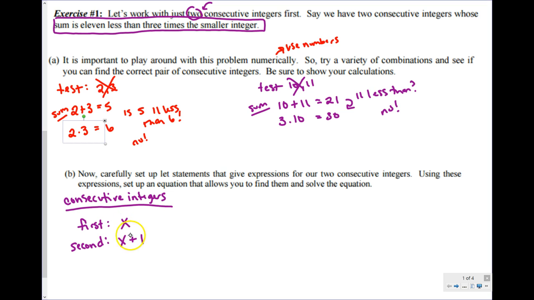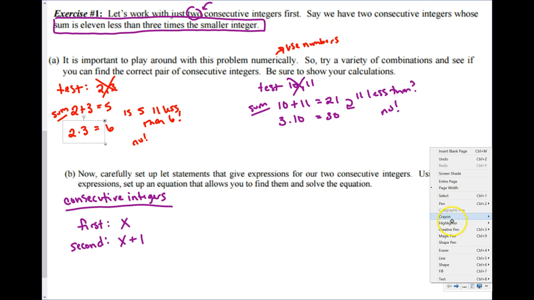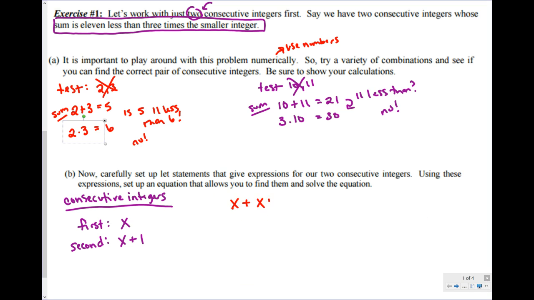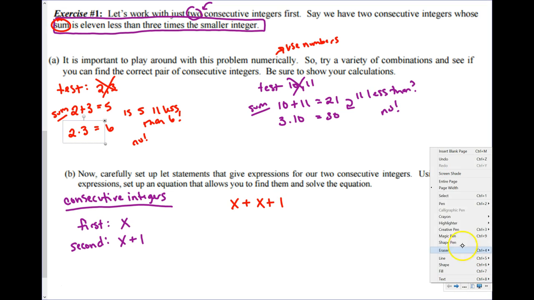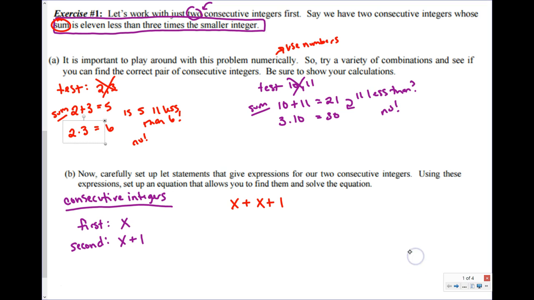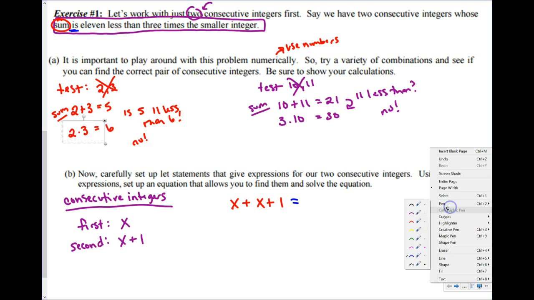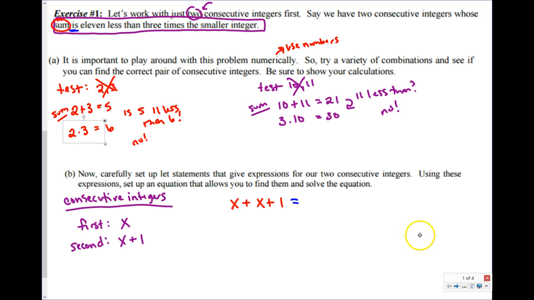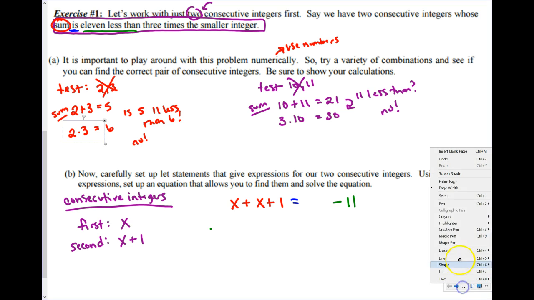So now that we know these two things, now we can use our original statement. So we're looking at the sum. So the sum of these two numbers, x plus x plus 1, there's my sum, I'm going to circle it way up top, is, let's use a different color for is, blue, is my equal sign. And then let's translate that last part. That last part says 11 less than, so that's a minus 11, because we flip it when we see less than, 3 times the smaller integer.